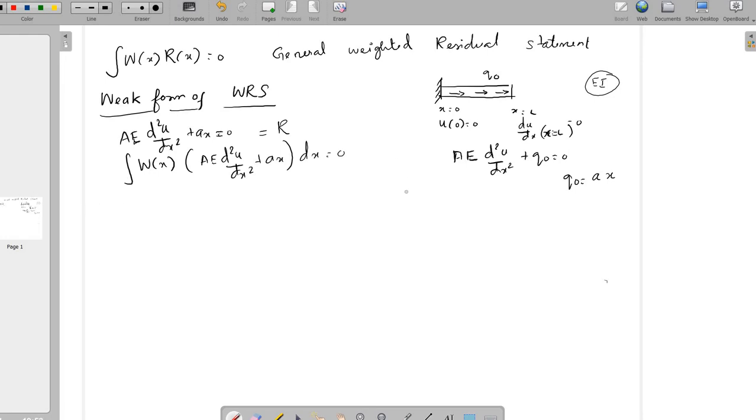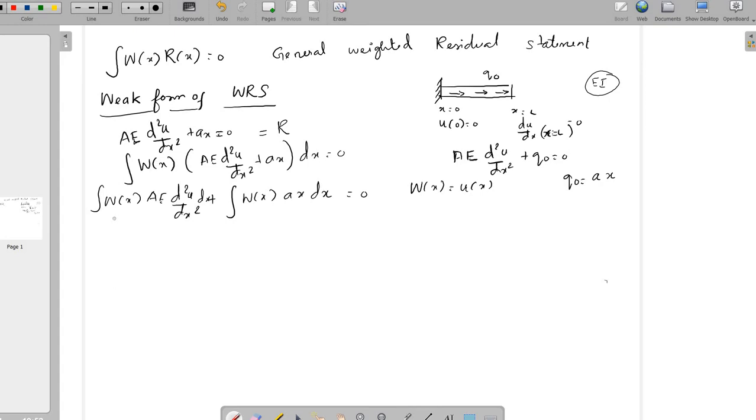Normally in this case the weighted function is always the displacement function because our aim is to find out the displacement function. I am multiplying the W(x) component inside. Integral of W(x) AE d square u by dx square plus integral of W(x) Ax dx, which is equal to 0. So both are in integration form.